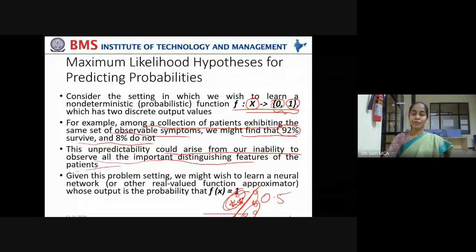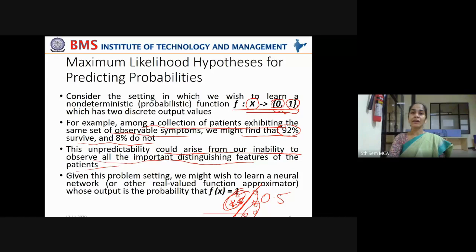Say, if we take the COVID patient symptoms, there may be some symptoms which are associated to their genetic properties or genetic features, which can't be studied in depth and which might not have been noticed by the scientists, but still play some important role in their survival with the disease. In such cases, we can say that there are some features which are actually unobservable, which may lead to unpredictability of the disease in some cases.